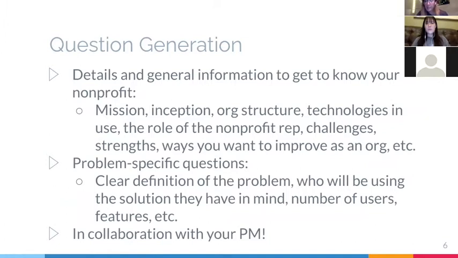For questions, I want you to keep in mind that these are a few of the areas you should be hitting as you go through this process: their mission, how they were first created, their structure, technologies they use, the role of the person you're talking to, and their challenges and strengths. Also, in relation to the problem itself, figure out exactly what the problem is, the users who are going to be using it, how many, and the features.